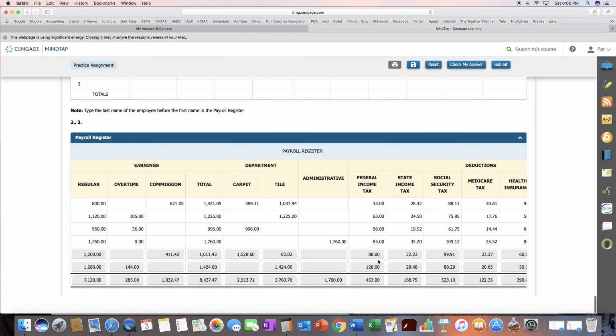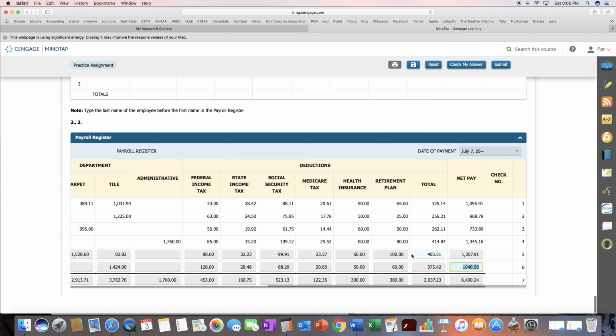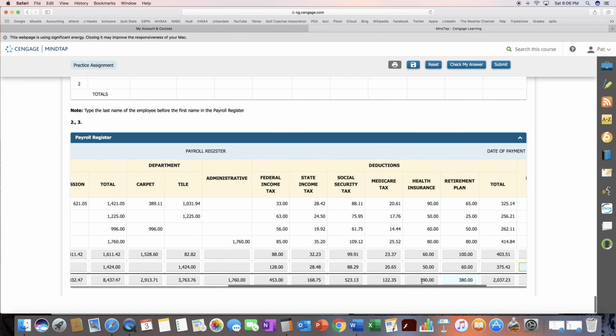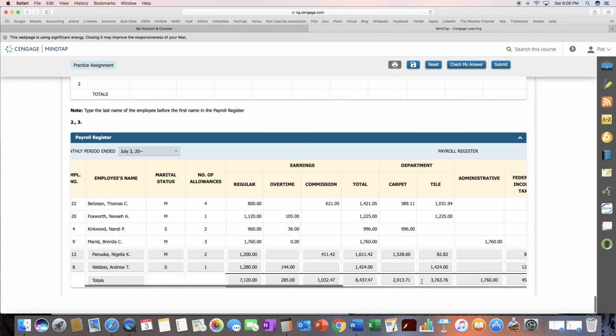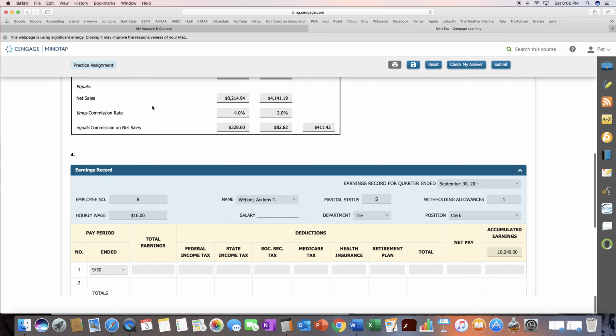No administrative fees at all or pay here. Then you figure out all their taxes. You get their total, subtract it from total earnings. Total deductions equals net pay. I gave you the totals here, so you didn't have to waste your time listening to it. You've got them there, so you don't have to add them all up. Put totals here, and that's parts 2 and 3.